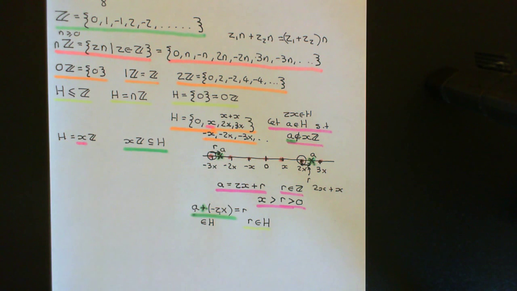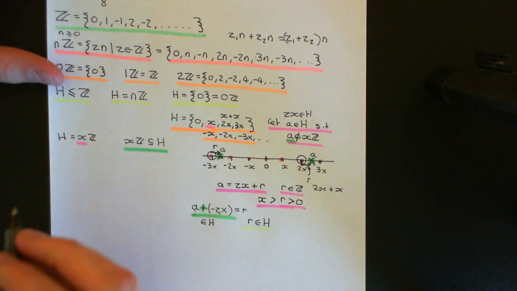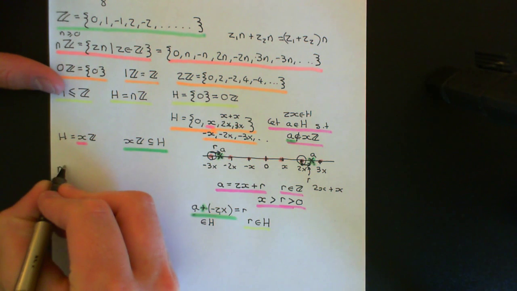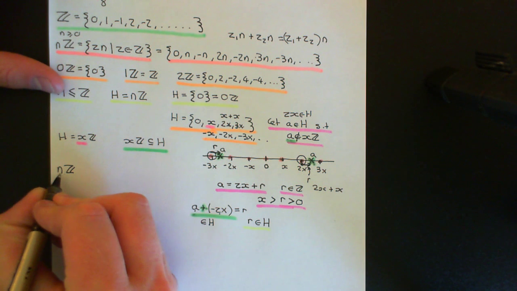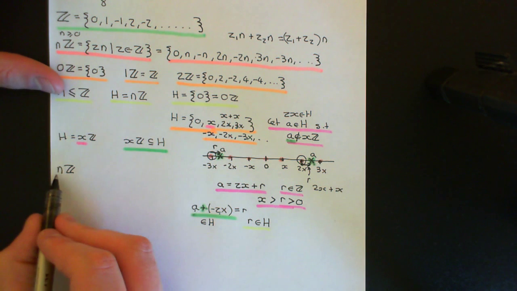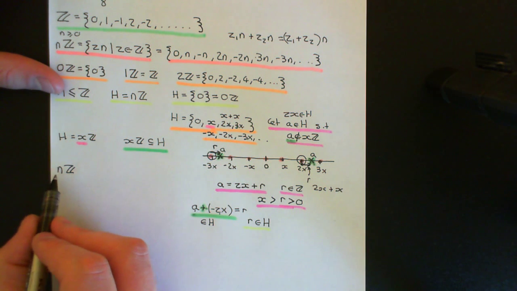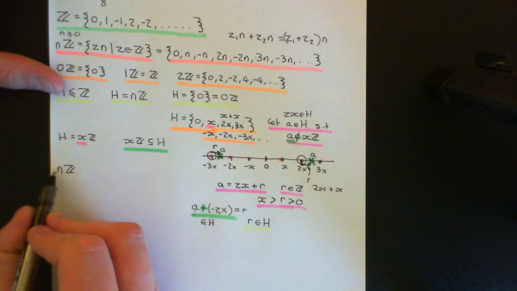Okay, so that then is how we can prove that all the additive subgroups of the ring of integers are of this form, n times z. Okay, so n times z, these are all the additive subgroups. Now, we don't need to worry about n being a negative number.